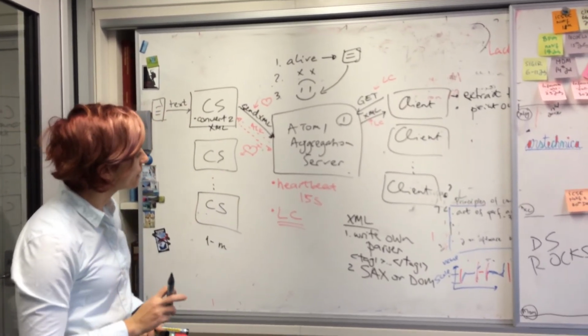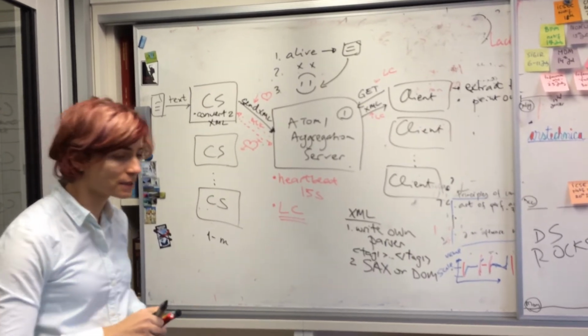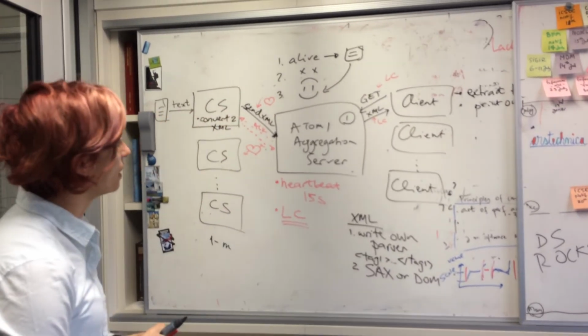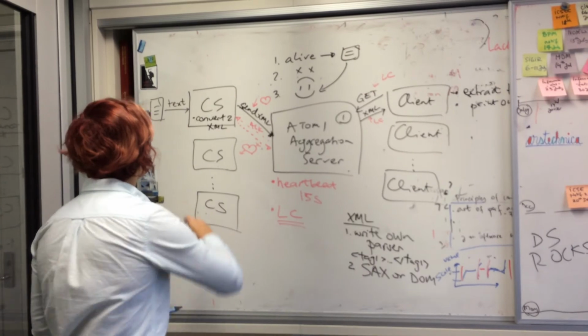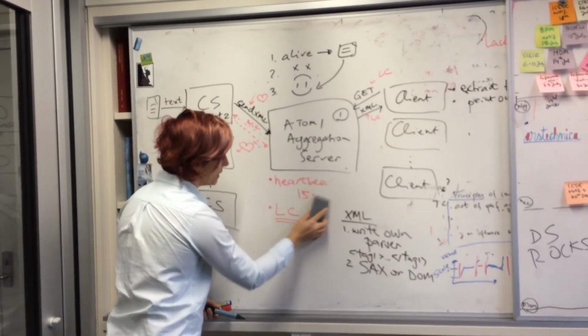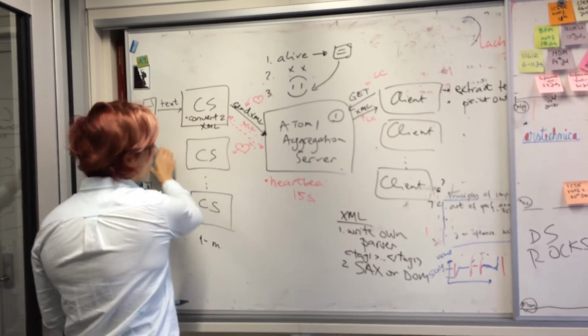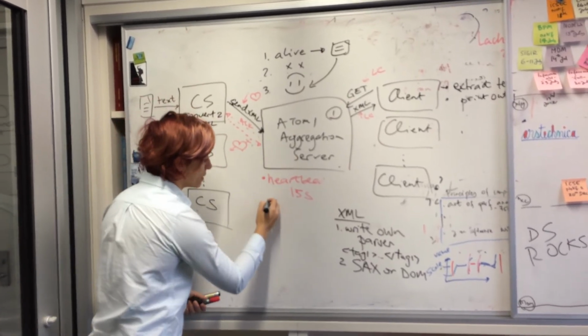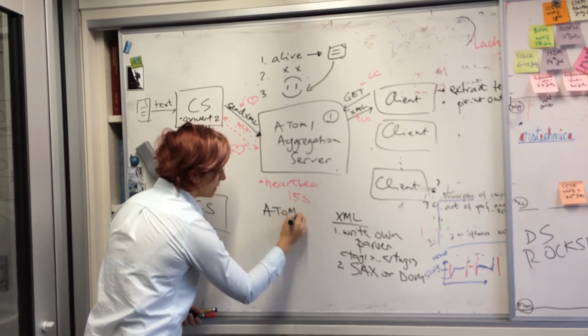Okay, I think this covers the general structure of this whole thing. There is one more important piece of advice that I have to give you, and this one is with respect to the implementation of the Atom server.